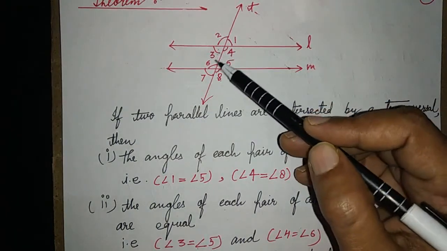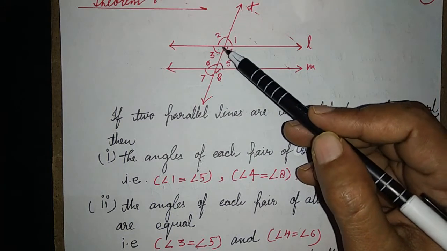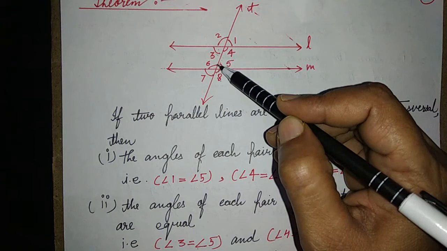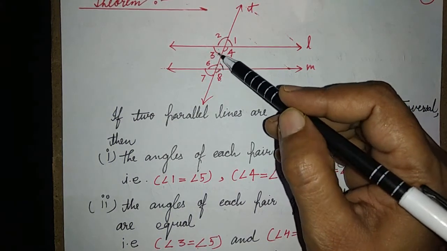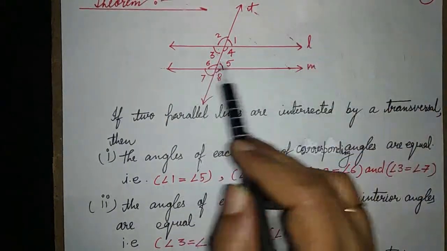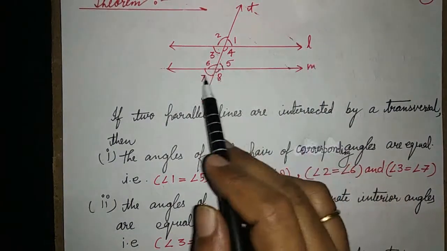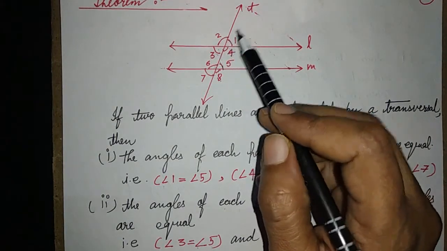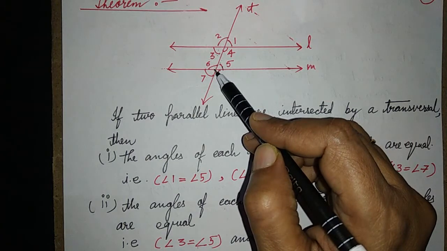Now the fourth property, the sum of the angles on the same side of the transversal is supplementary. Means angle 3 and angle 6, they are co-interior angles and their sum is always equal to 180 degrees if the lines are parallel. Okay, if two lines are parallel, then the sum of co-interior angles is always 180 degrees, or you can say they are supplementary.